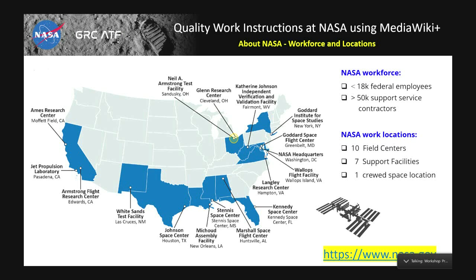Our workforce is a little bit less than 8,000 federal employees, tens of thousands of support service contractors, distributed around 10 field centers and 7 support facilities, of which Armstrong Test Facility is one. And I recently added the third bullet there: we do have one crewed NASA location in space, which everyone recognizes as the International Space Station.